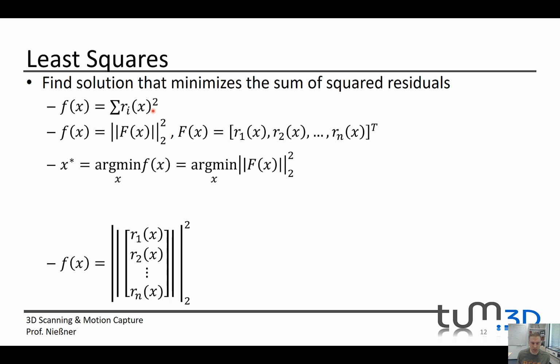And often you see this short notation with the 2-norm. So you're writing it like this. What we have is this residual vector f, and this vector has a bunch of residuals stacked in it. These are actually squared based on the norm, and again, this is just different notation, but mathematically the same thing.